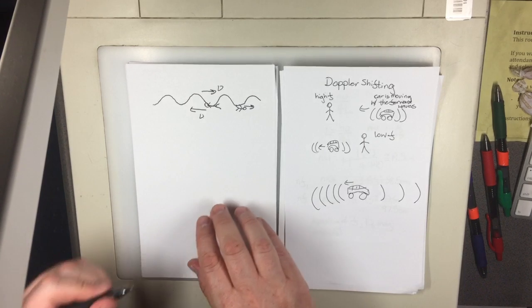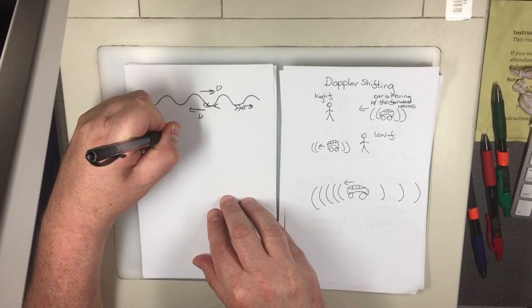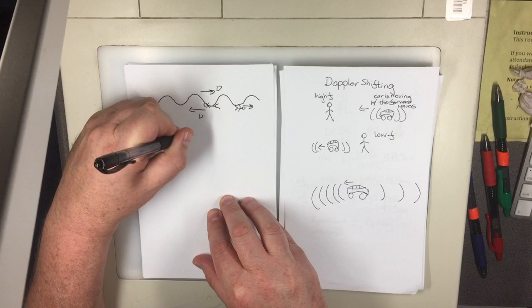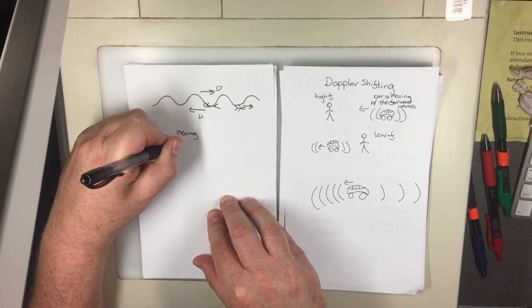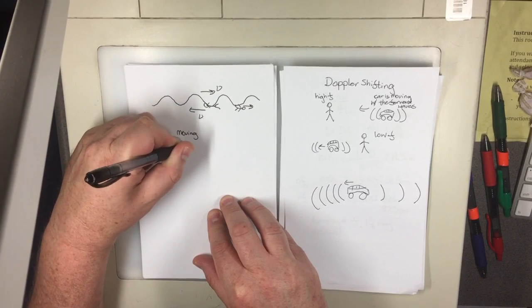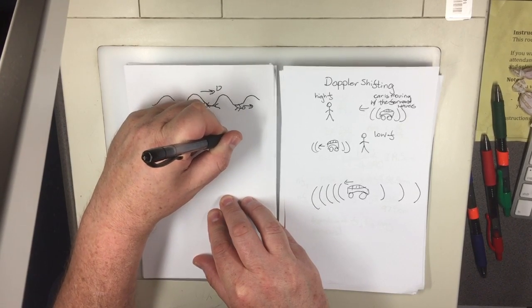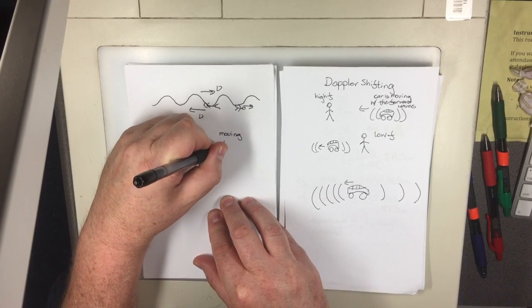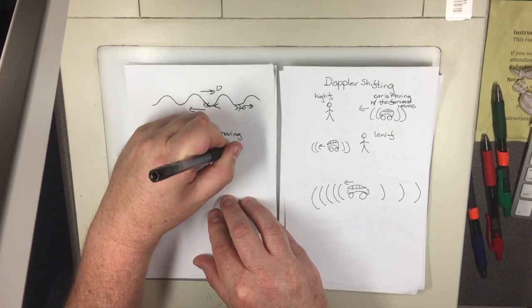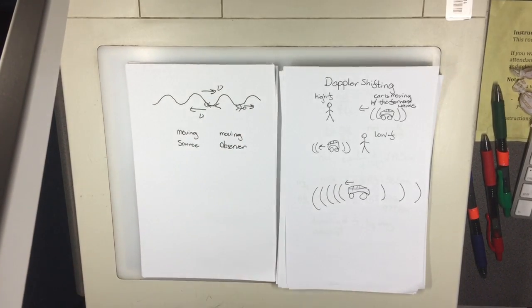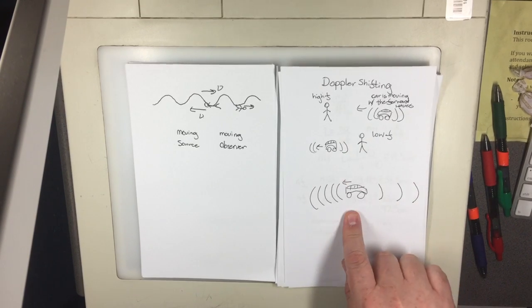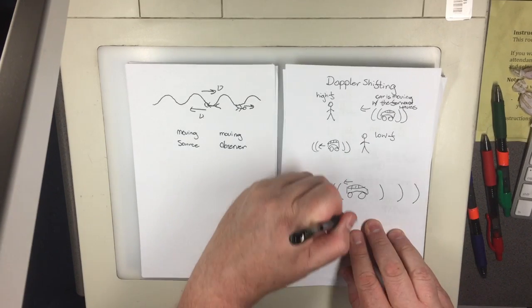So there are two major types of Doppler shift problems. There's the moving source. There is the moving observer. This is the case of a moving source.